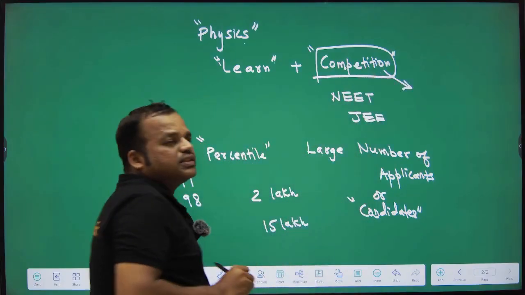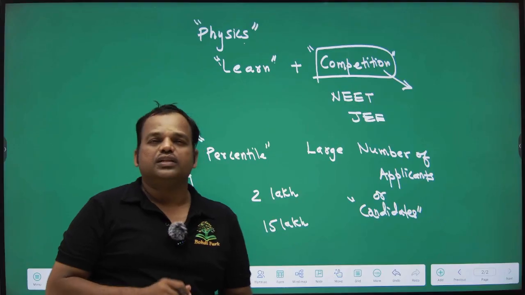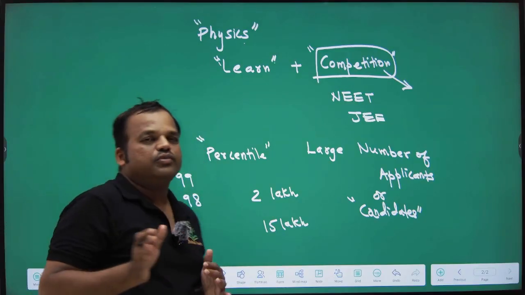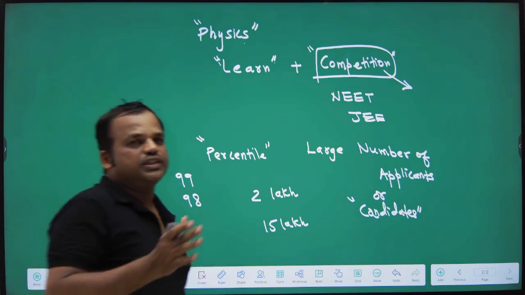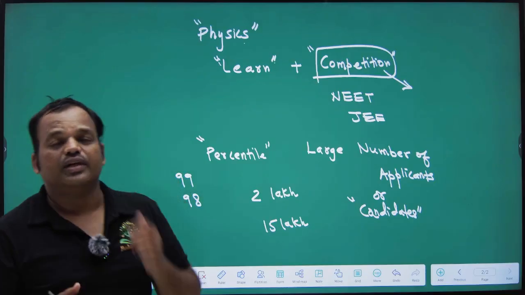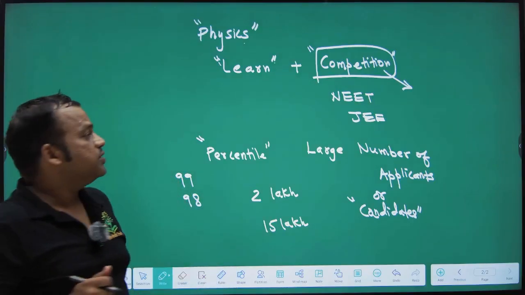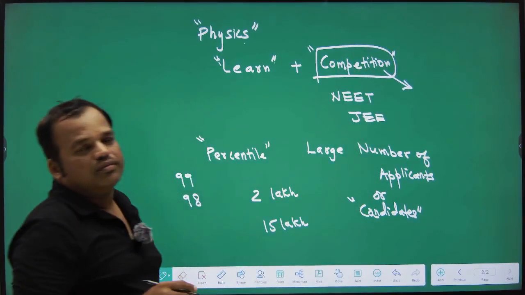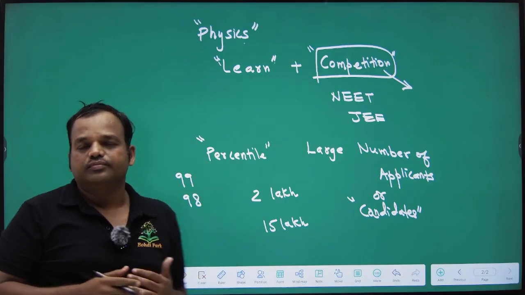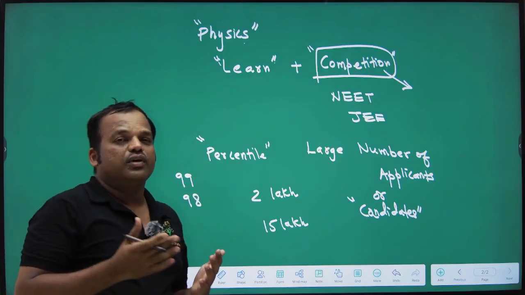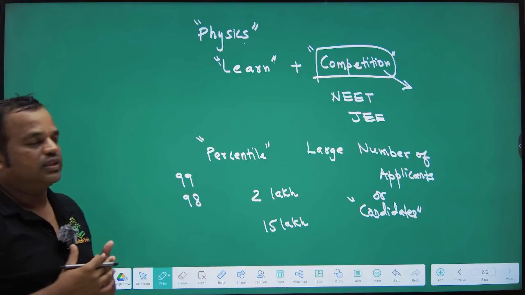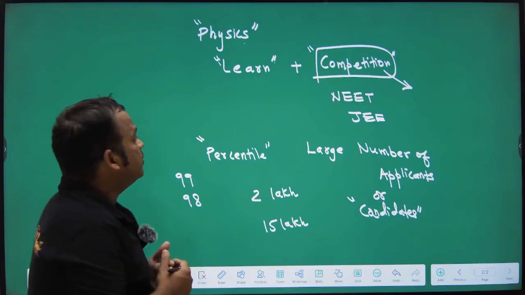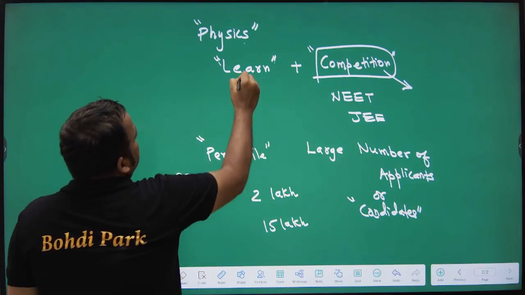So we can never say that our preparation is completed. We have to keep trying. We have to keep solving new questions, new exercises, new MCQs, different varieties of questions to handle this competition, because you have to be in the top 1 lakh, or top 10,000, or top 1000, or top 100, or top 10, or top 5.